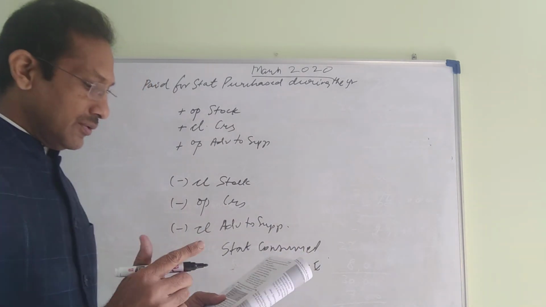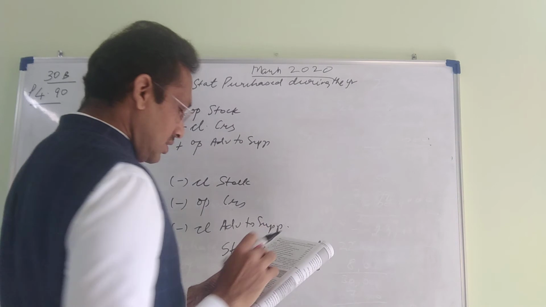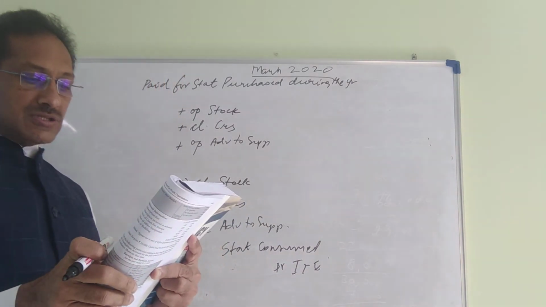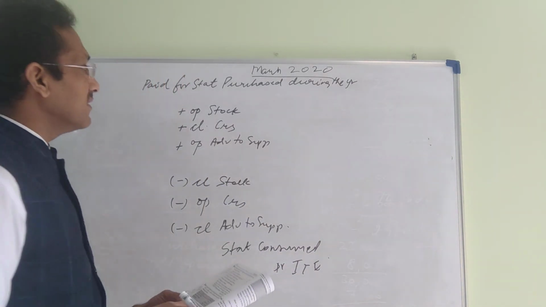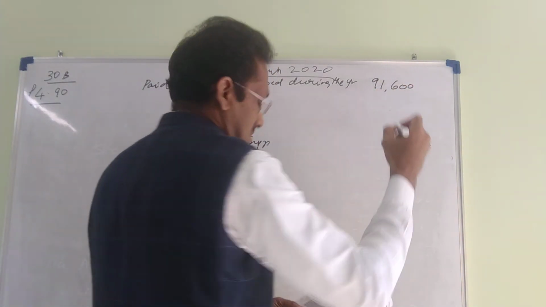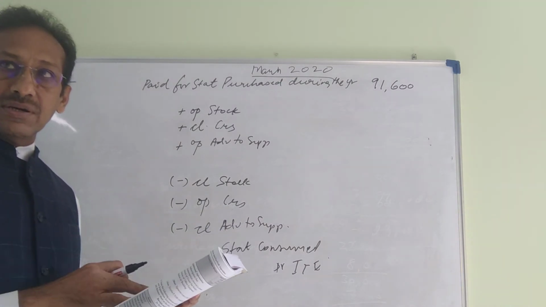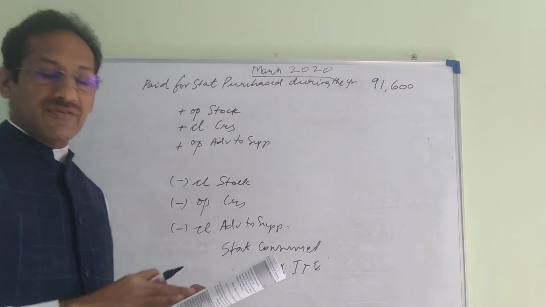So what we have to do is just substitute. Opening stock we will add. Paid for sports material during the year, 91,600. This will be shown in the receipts and payment account or the information is given.